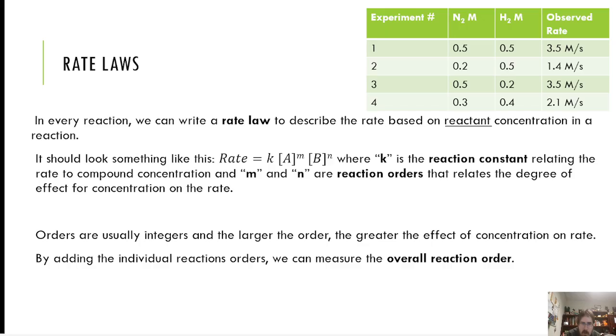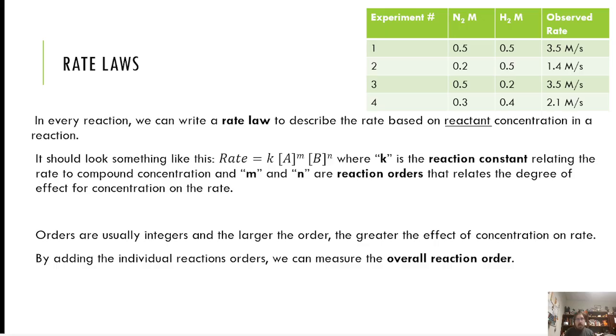So the generic rate is going to be equal to a constant k, which is called the reaction constant, times the concentration of a reactant A raised to a reaction order, times the concentration of B raised to a second different reaction order.